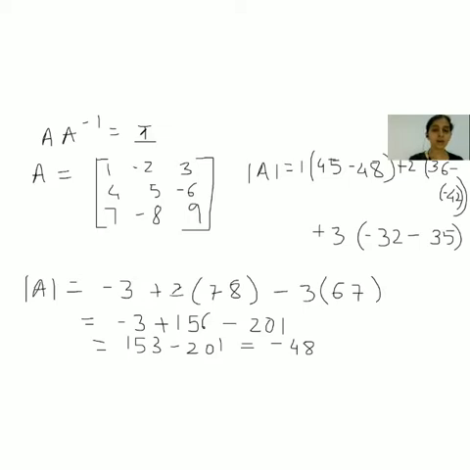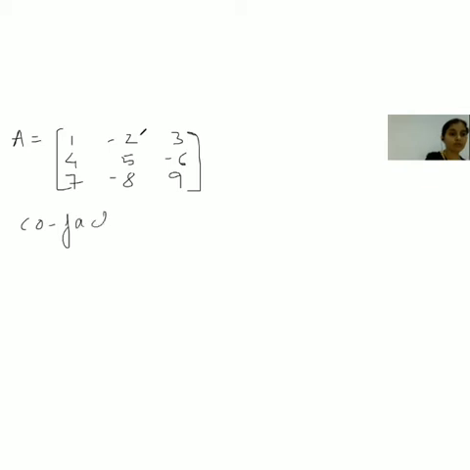Now, what do we require for finding it using the adjoint method? I'll just write the matrix again. We have 1, minus 2, 3, 4, 5, and minus 6, and 7, minus 8, and 9. We require to know something called cofactors and minors. Now first, what are minors?